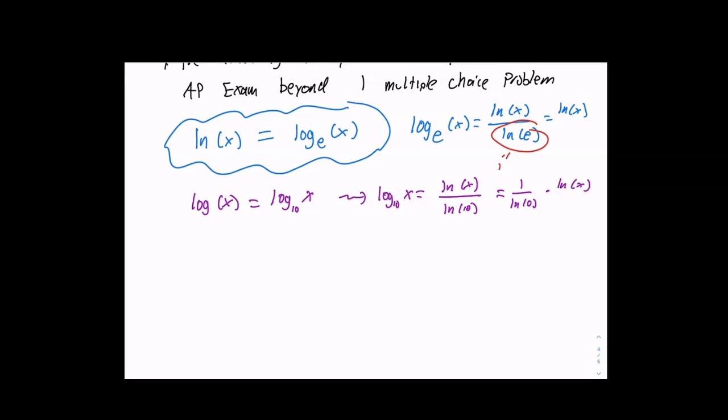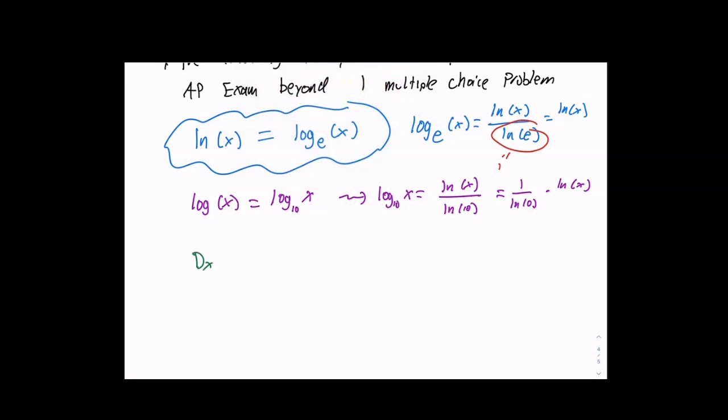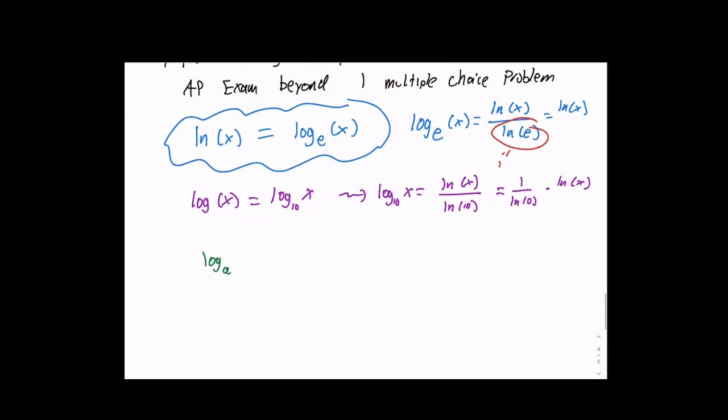Utilizing this property, the derivative, oh sorry, before I even get there, log base a, meaning any base, doesn't matter if it's 10, e, 5, or 2, of the absolute value of x can be thought of as 1 over the natural log of a times the natural log absolute value of x.